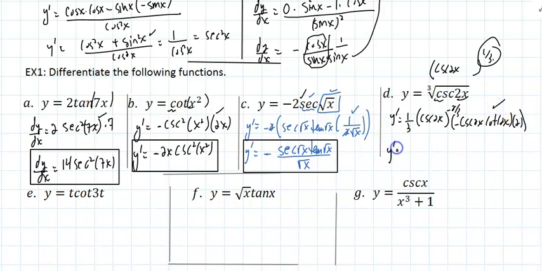For the homework, it's going to be negative twice the cosecant of 2x, the cotangent of 2x, divided by 3 the cube root of cosecant of 2x squared, or you could make it the cosecant squared in there. It doesn't really matter.